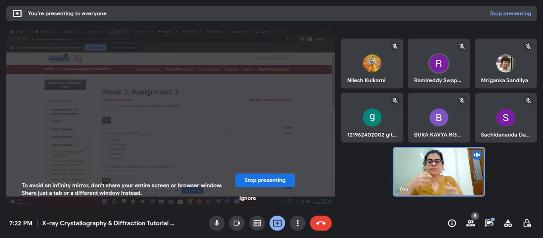But in a screw axis, think of a screw: we are rotating and there is also some linear motion along the axis. So in a screw axis there is rotational plus translational symmetry. Which screw axis causes a rotation and translation?